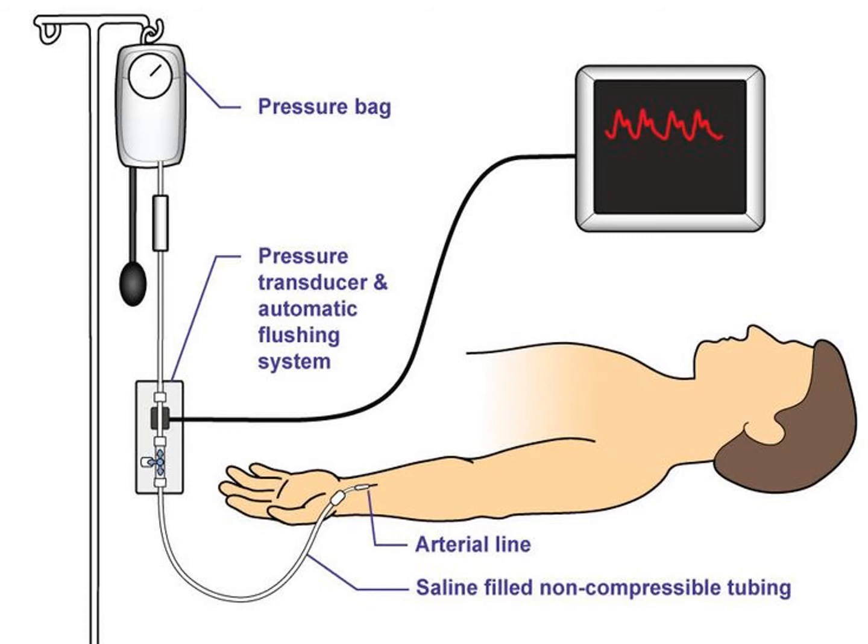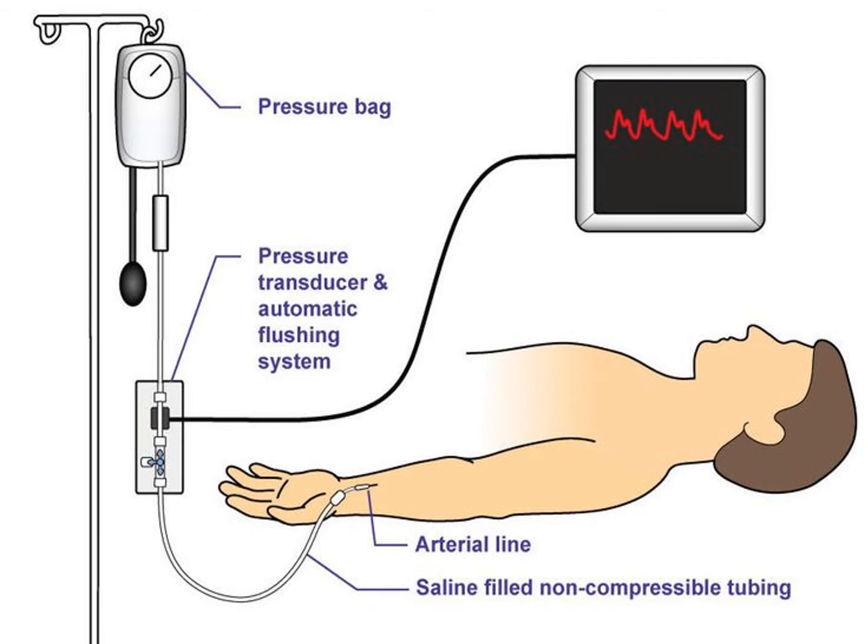Notice the level of the transducer is even with the level of this patient's heart. The fourth intercostal space, mid-axillary, right? So that's even with the level of the heart. If the pressure transducer is too high or too low, that's going to affect the reading that we're getting from the patient.